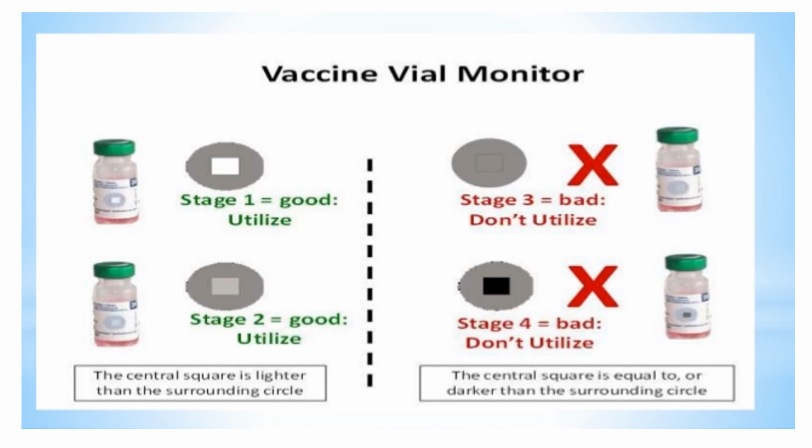If the outer circle and the inner square, the inner square is much lighter, that is stage 1, it's good to use. If the inner square has slightly darkened but is still lighter than the outer circle, still good to use. If the color has matched, you can no longer use it and you have to discard it. And if the inner square has become darker than the outer circle, then also you need to discard it.